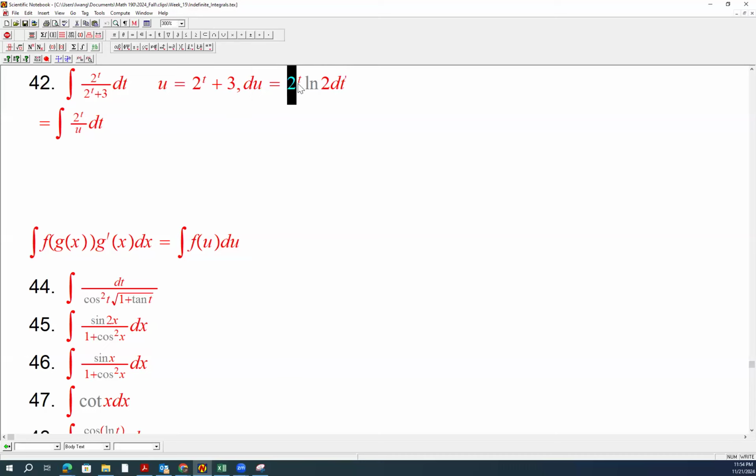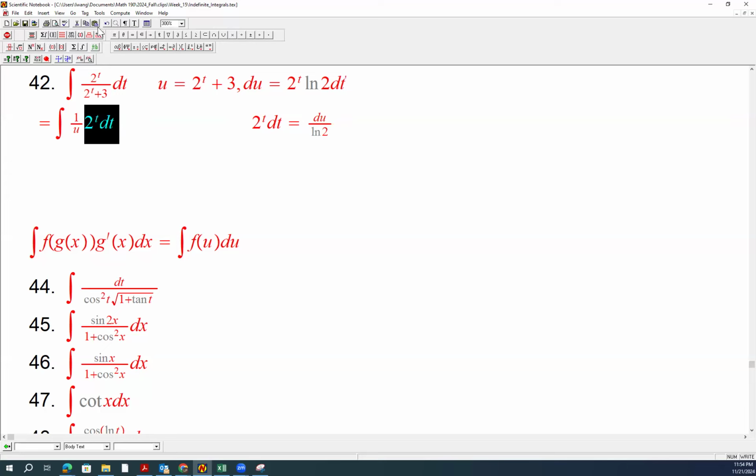So 2 to the power t dt, we would divide both sides by ln 2, and that's going to be du over ln 2. Don't need to use a calculator. Just replace 2 to the power t dt by du over ln 2.